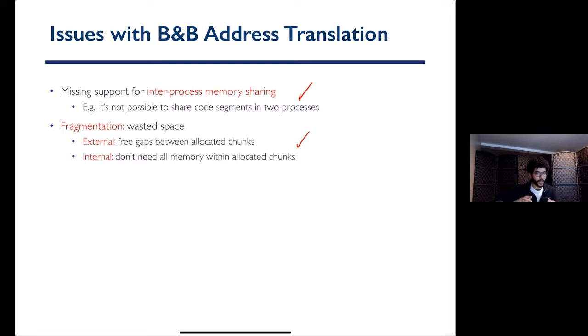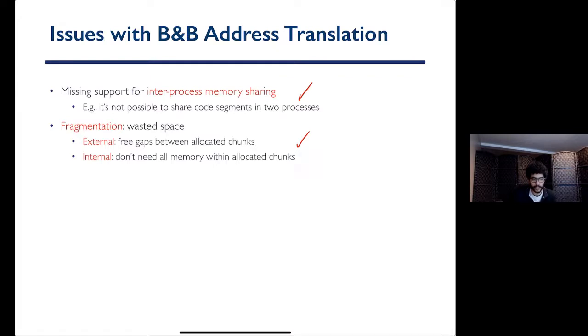You probably saw this in the first part of your lab, where somebody frees up memory, but that memory cannot be used because it's smaller than what the new allocation needs. So you can't use it. This is called external fragmentation.